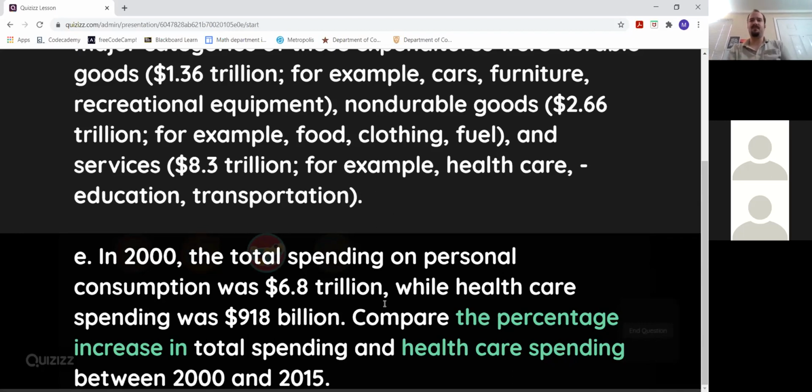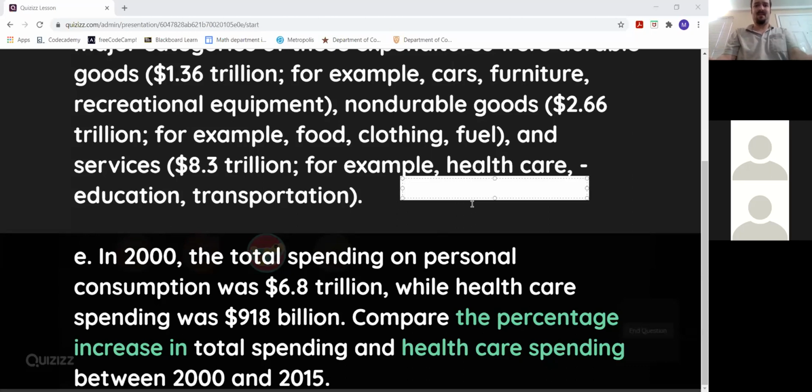So I think we have to convert them either to whole ones or something. I personally would probably put things in billions. 2.1 trillion is what, 2,100 billion? I think that's what I did, 2,100. And we're going from 918, and we're dividing that by 918.